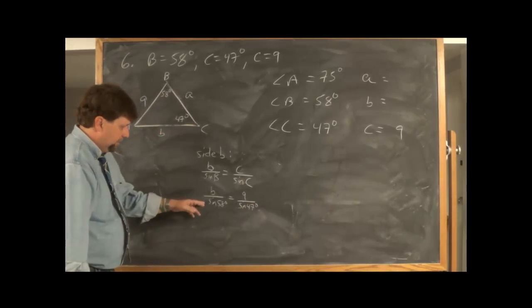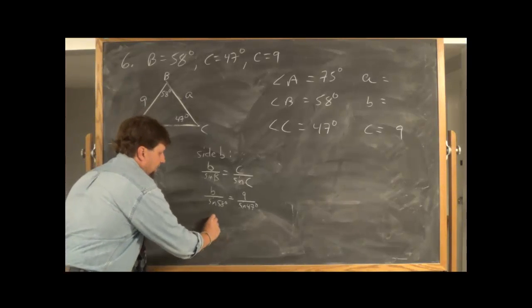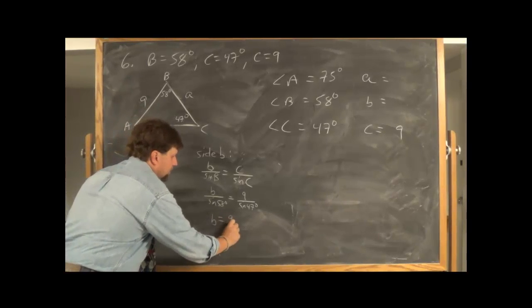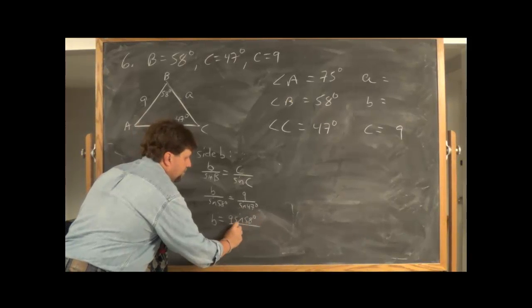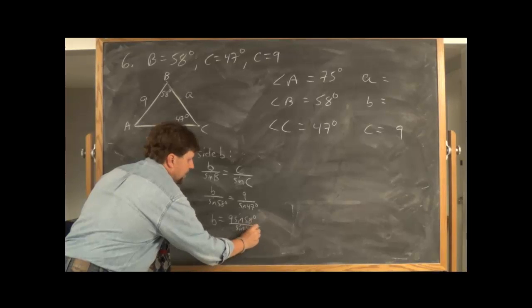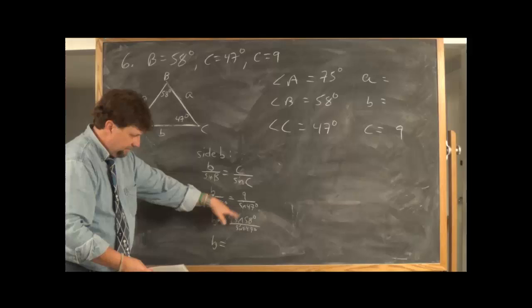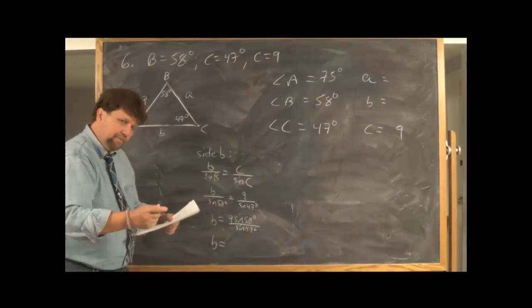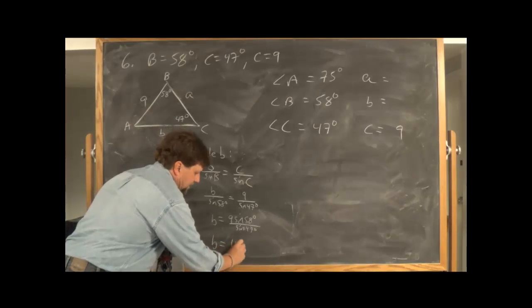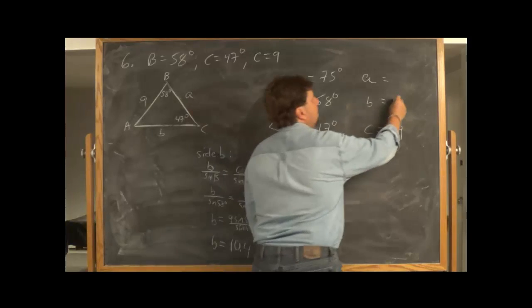Then I multiply both sides by the sine of 58 degrees to get B equals 9 times the sine of 58 degrees over the sine of 47 degrees. I'll use my calculator, multiply that out and divide. I got B to be pretty close, and I'm going to round this to 10.4.